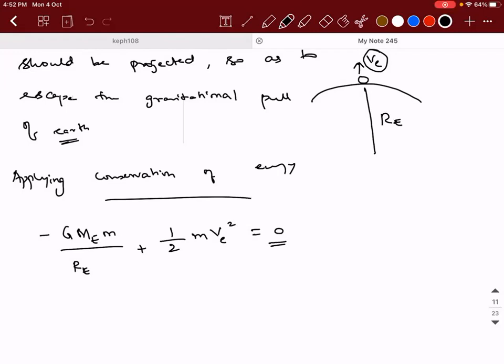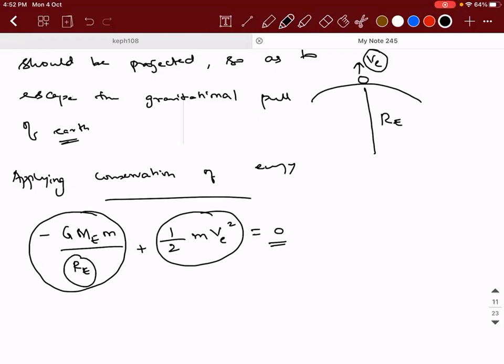Okay. So what I'm trying to say is initial potential energy plus kinetic energy will be equal to 0 because when the particle goes to infinite position, its potential energy is 0 because the value of R will become infinite and its kinetic energy cannot be defined. So it is also going to be 0. Okay.